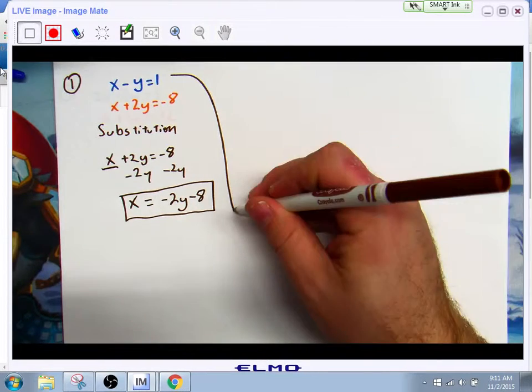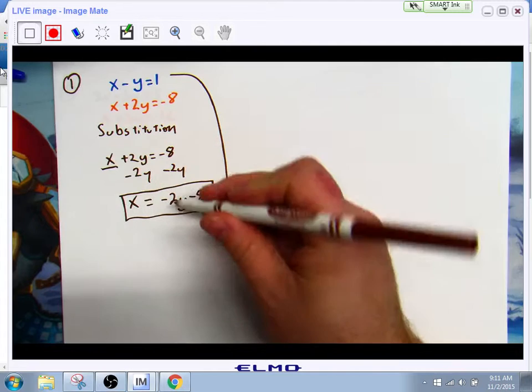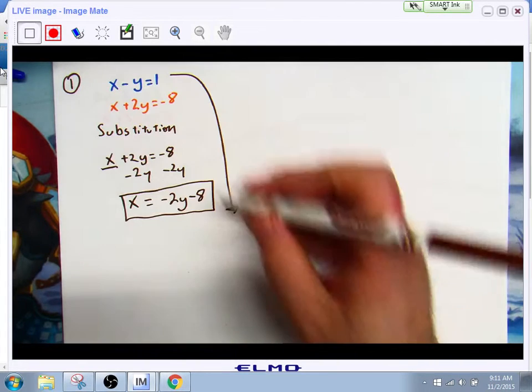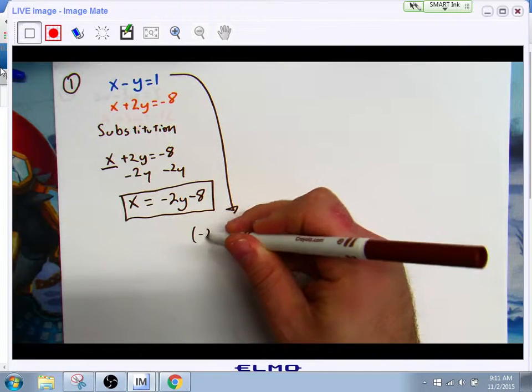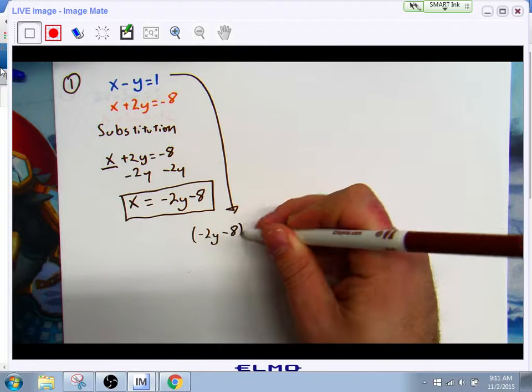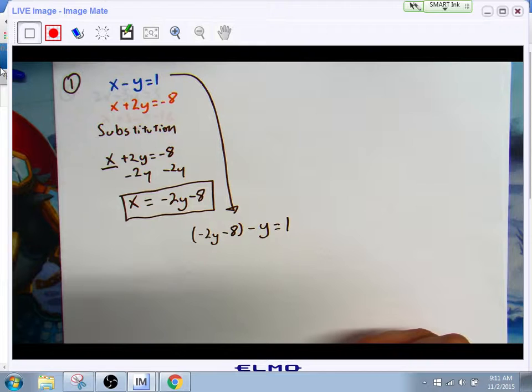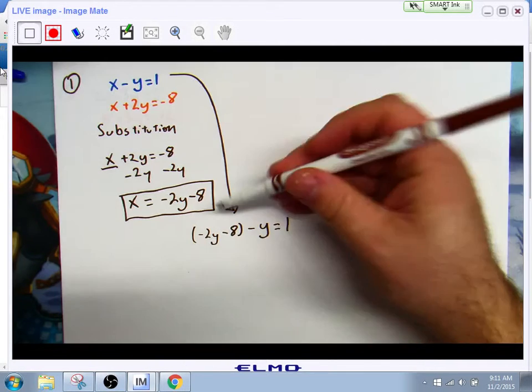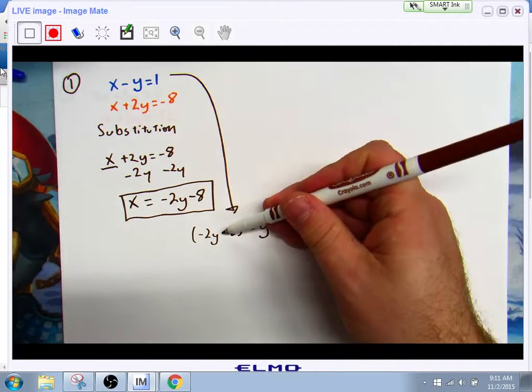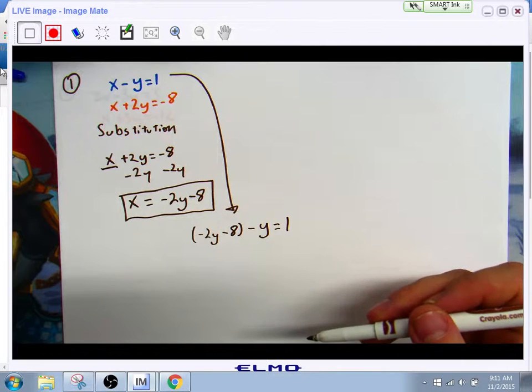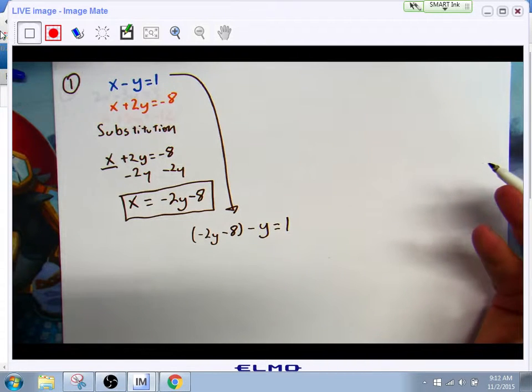You have to do it from the other equation. So if x is negative 2y minus 8, instead of x, I'm going to write that. Negative 2y minus 8 minus y equals 1. All I did was I took the blue x, and instead of writing x, I wrote my new brown number here. Now I can just solve for y.